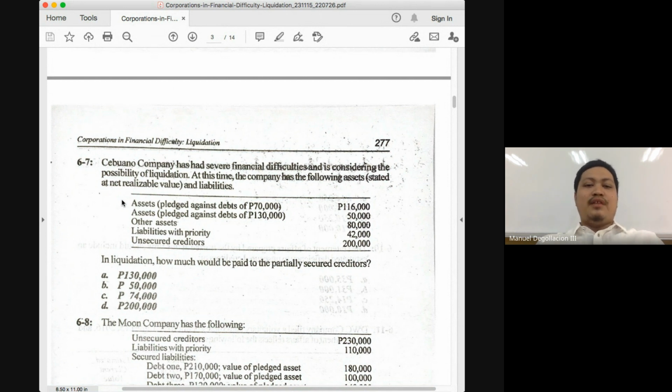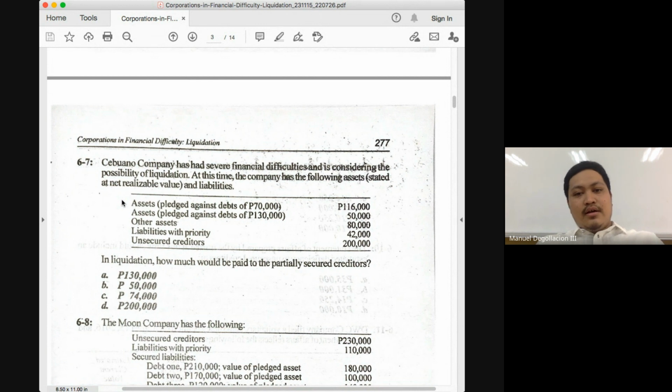Will it receive the entire 130? No, because it will have to suffer a loss, class, due to the insufficiency of the assets of the entity. So the issue now is how much of the 80,000 can be recovered? How much can be paid for the remaining 80,000?